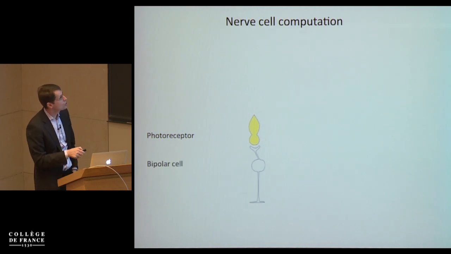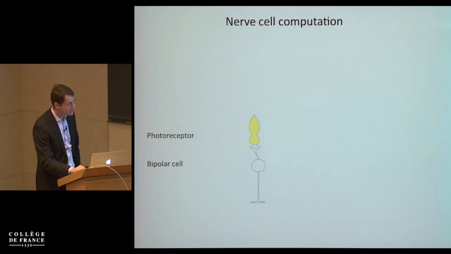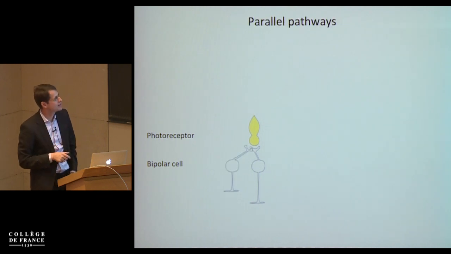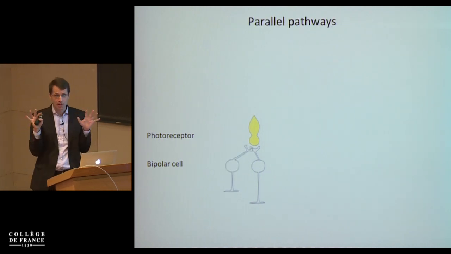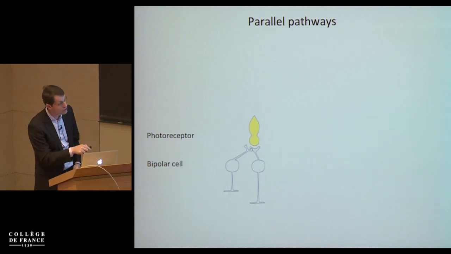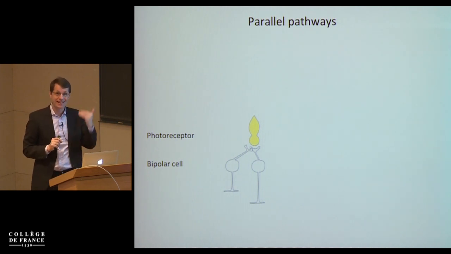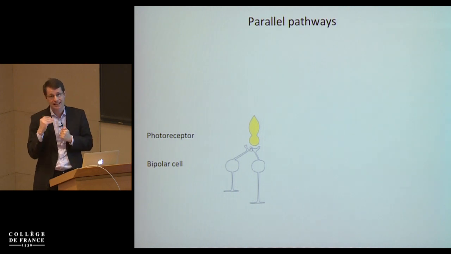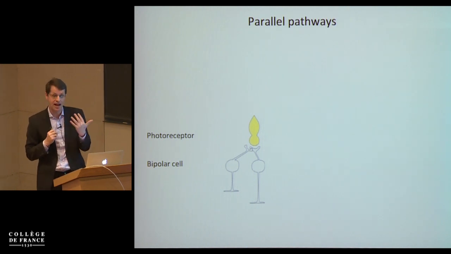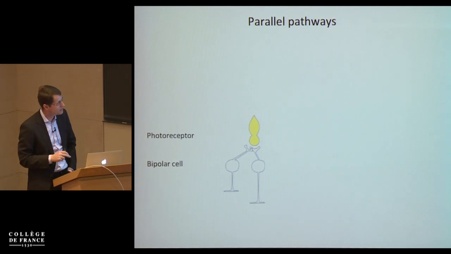And then the cones are talking to bipolar cells. And importantly, it is very important for optogenetics, we have 10 types of bipolar cells coming in 2 major flavors. So that's why I only show you 2 here. One is activated by an increase of light intensity, the other one by the decrease of light intensity.